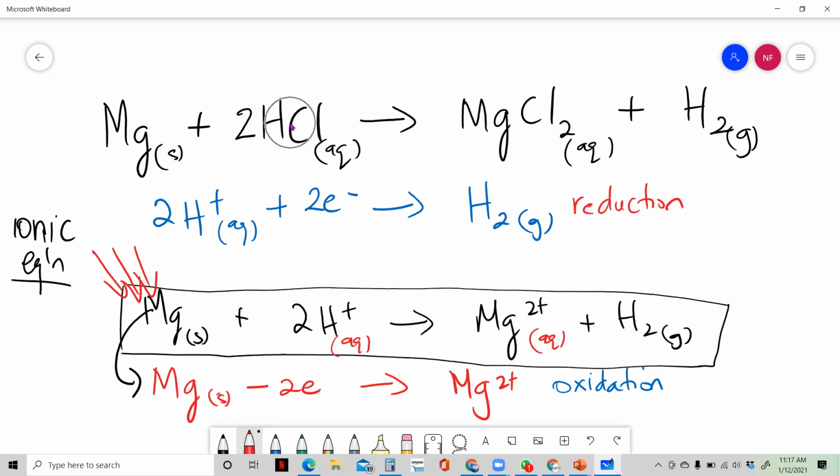But in an equation like this one, though you're seeing hydrogen, it is still not as clear what is taking place. And so it's best to use your loss of electron, gain of electron definition, or what we're going to explore in Thursday's class, which is looking at oxidation numbers.